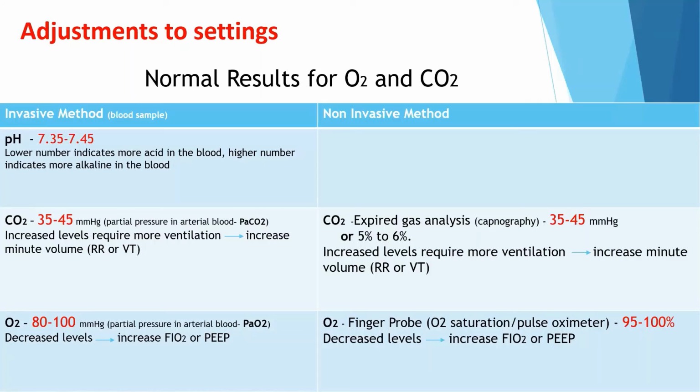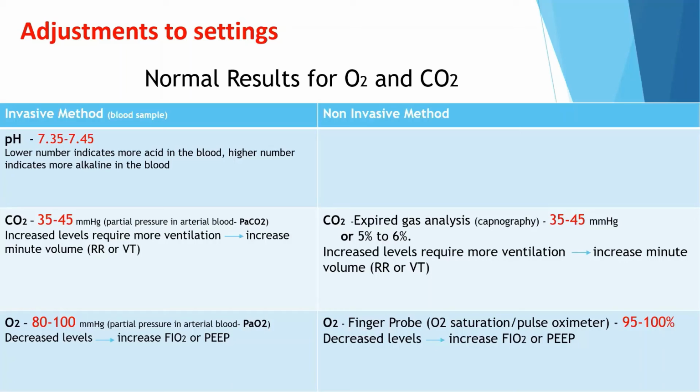The normal range is between 7.35 and 7.45. Carbon dioxide ranges between 35 and 45 millimeters of mercury. This is the partial pressure in arterial blood and often referred to as PaCO2.